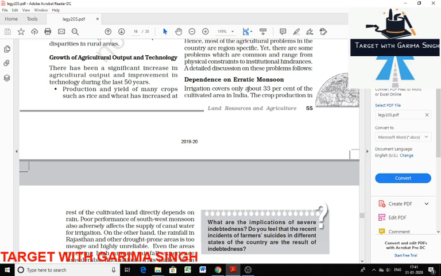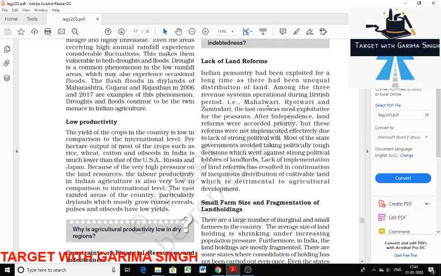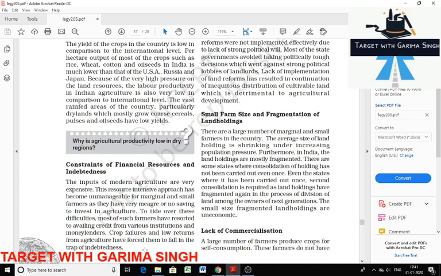Low productivity is a result of high population, which creates heavy pressure on available land resources. Then constraint of financial resources and indebtedness. Lack of money and financial resources are major constraints to the development of agriculture in India. Even as the majority of farmers are small, marginal and poor, they cannot afford highly expensive inputs.